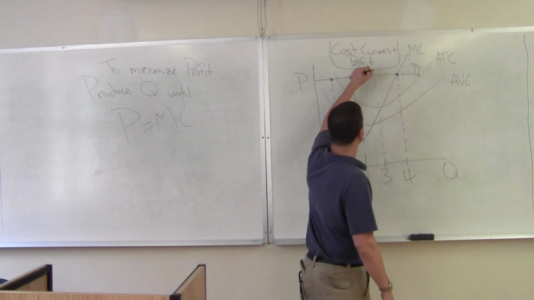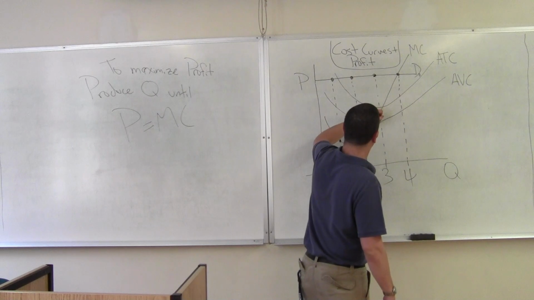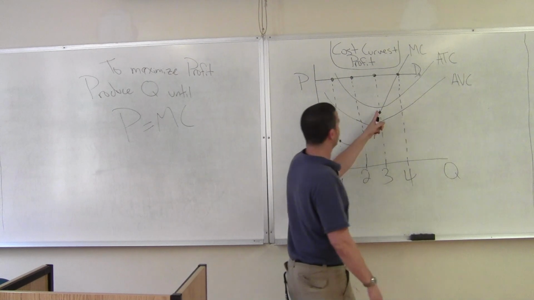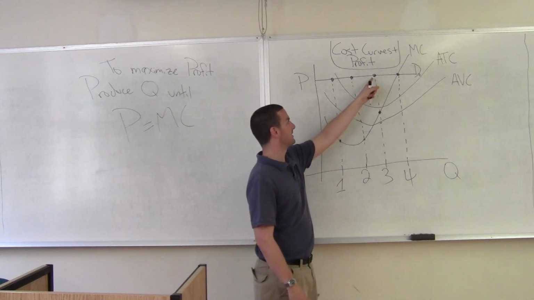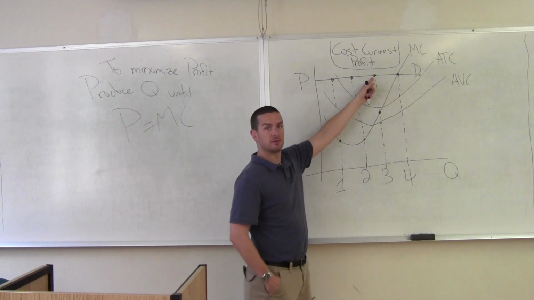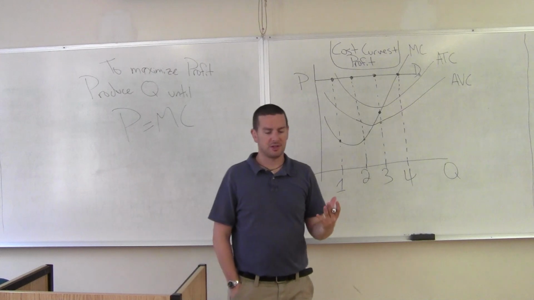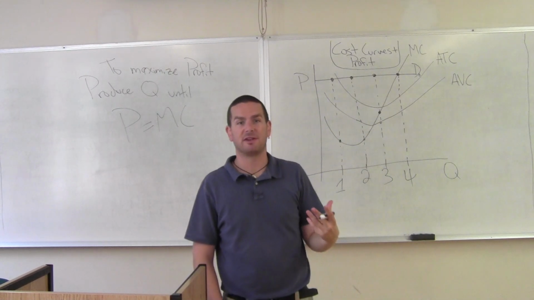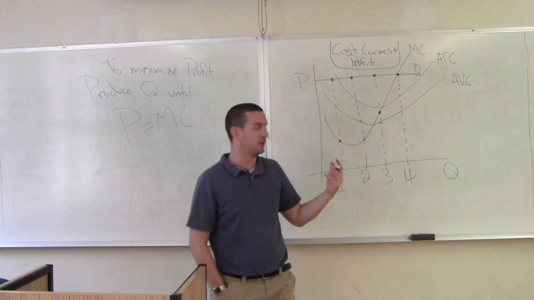At 3 units, marginal cost is still less than price. So it doesn't make sense to produce just 3 units, right? You could still make more profit if you would produce a 4th unit.